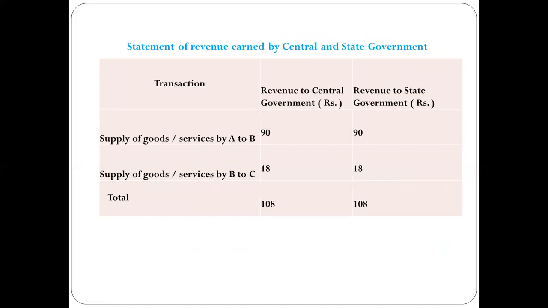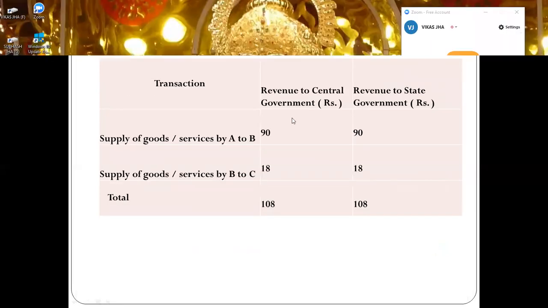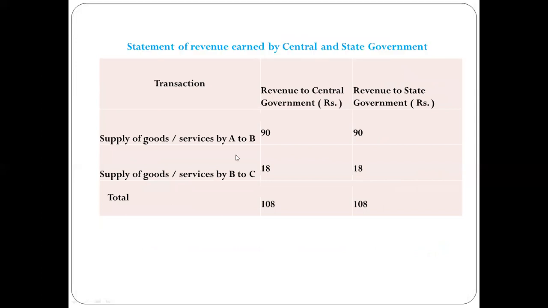Now, the statement of revenue earned by central and state government. Supply of goods or services by A to B: revenue to central government is 90, revenue to state government is 90.